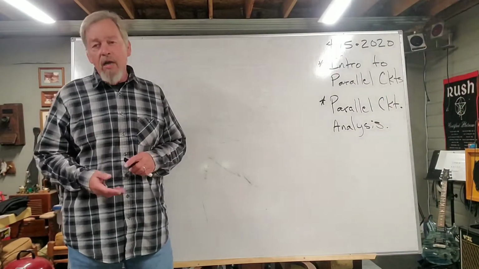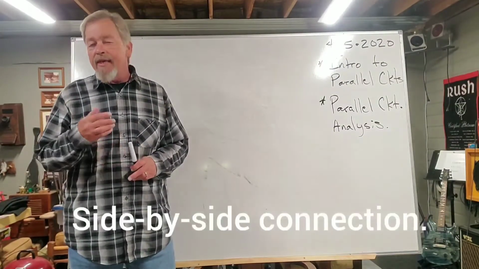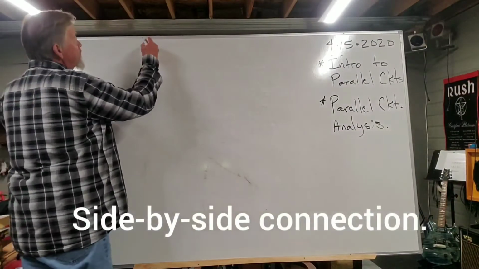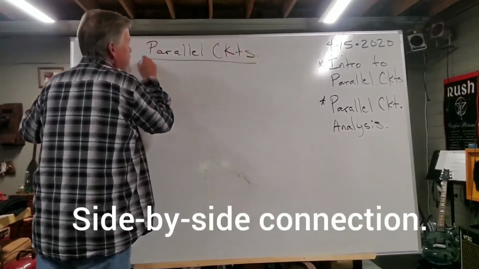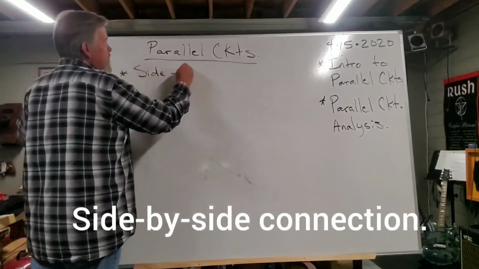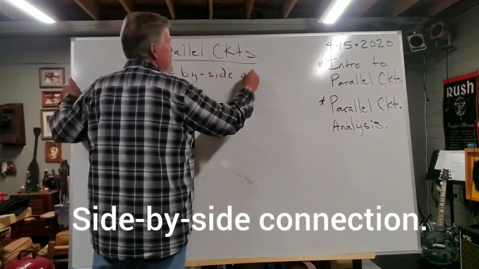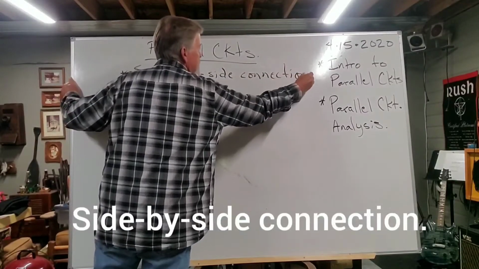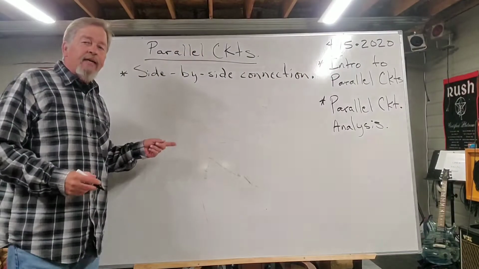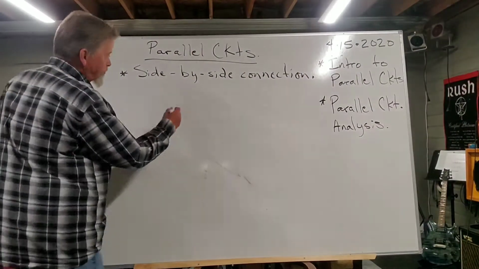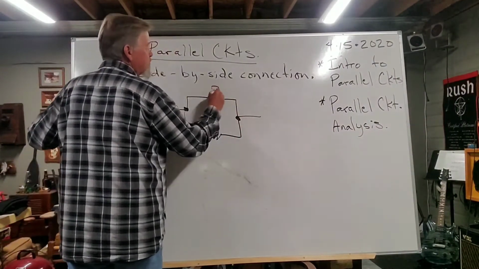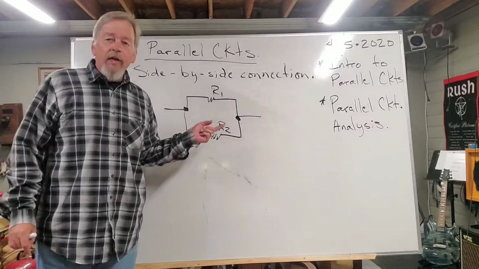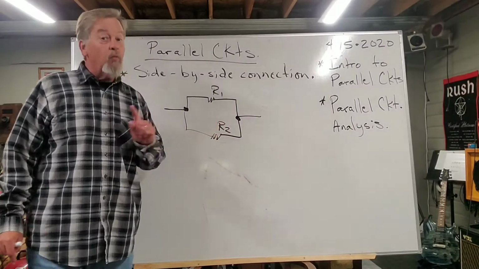So in a parallel connection, that's the first thing that I want you to know, is that it is a side-by-side connection. Okay, so with a side-by-side connection, the first thing that you realize is that now there is more than one path of current flow.